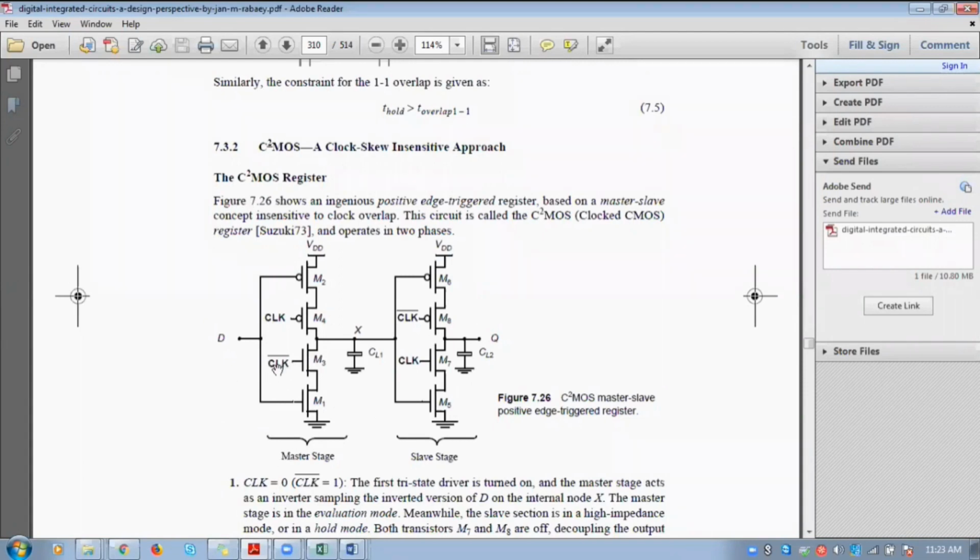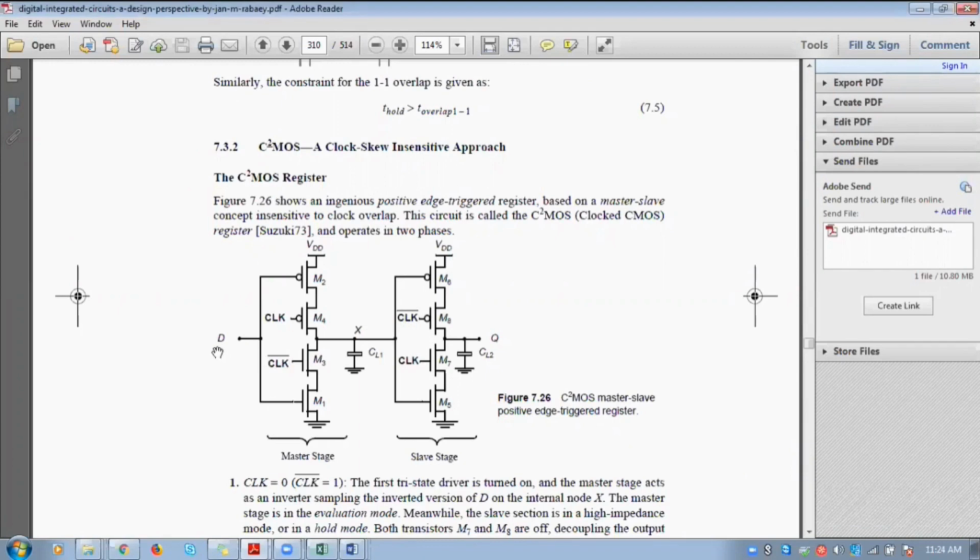That's why we have connected clock bar and clock here. Your slave stage is a positive latch. That's why we connect clock to this NMOS and clock bar to this NMOS. When clock equal to 1, this transistor will be on, as well as when clock bar equal to 0, this transistor will also be on. So it will also work as a normal inverter.